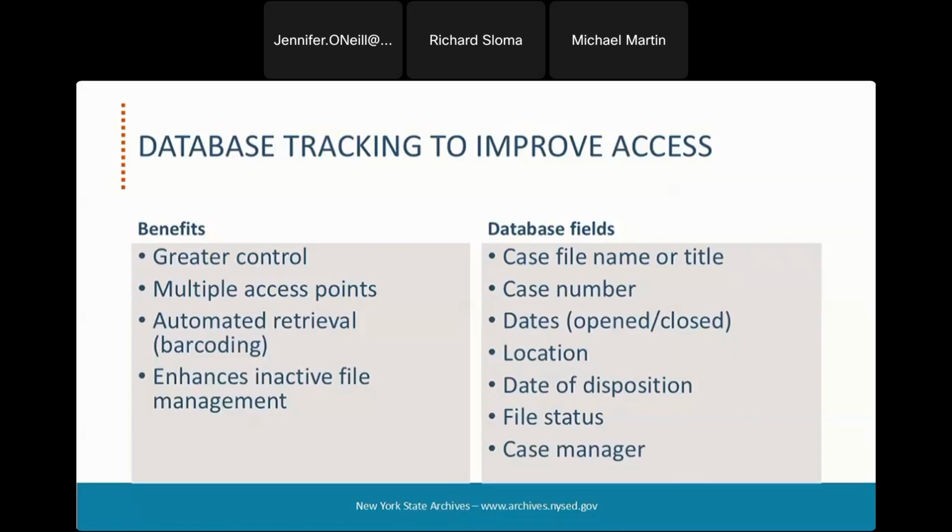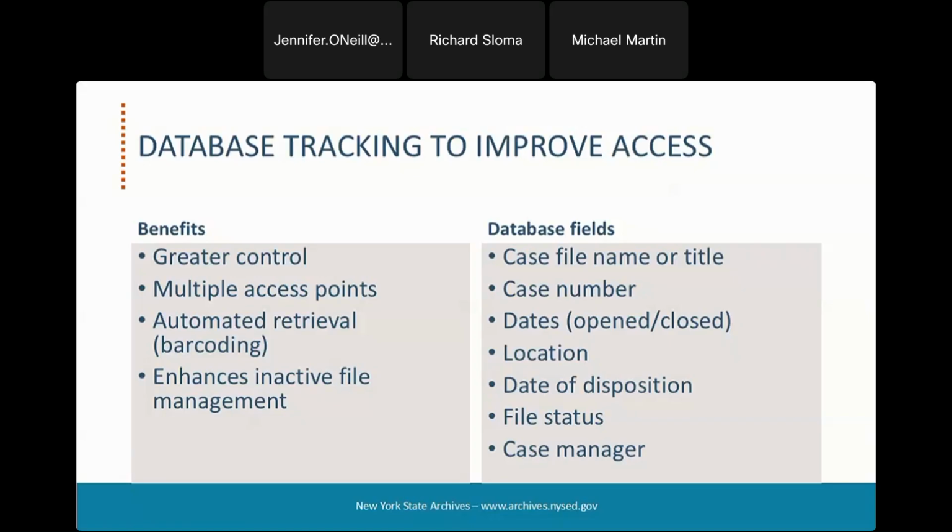All right. So now we're talking about using a database to track case files. It's one way to improve access and retrieval when the records are paper or in a hybrid system. It's a good way to keep track of things. A database could also be either the starting point of an imaging system where search results link to digital images of case file records, or it could be used to populate index fields when implementing document management software, your content management system.